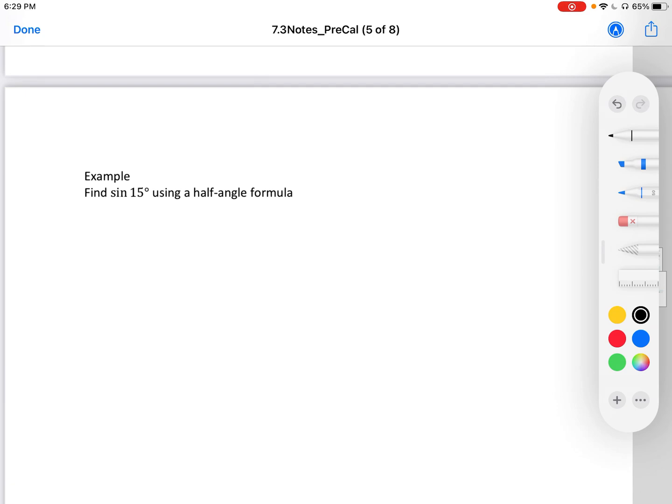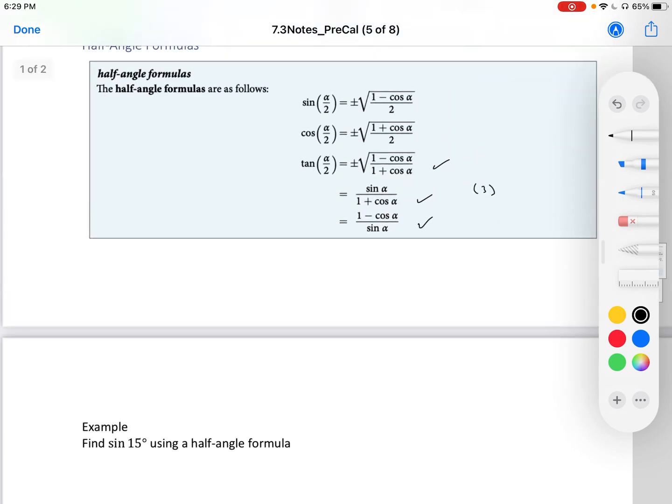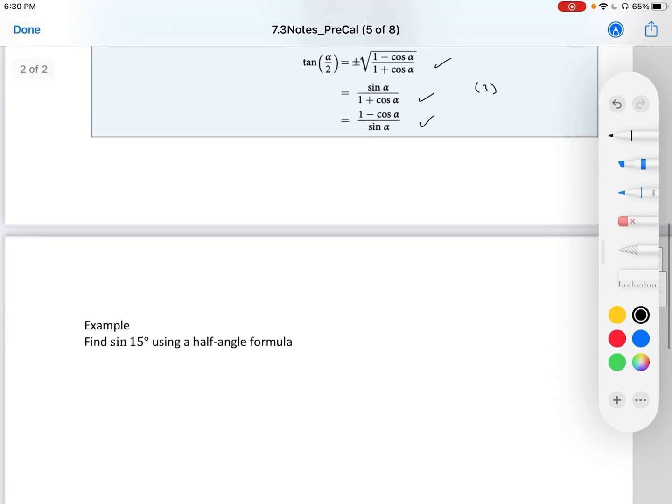And we see that sine alpha over 2 is equal to plus or minus the square root of 1 minus cosine alpha divided by 2. All right, so to evaluate this, think of 15 as 30 divided by 2.